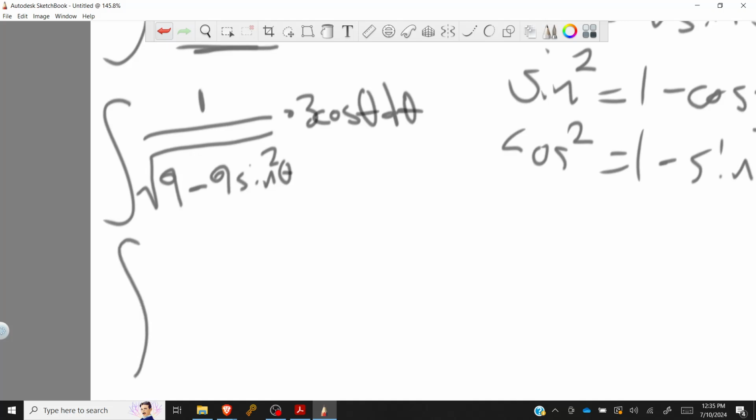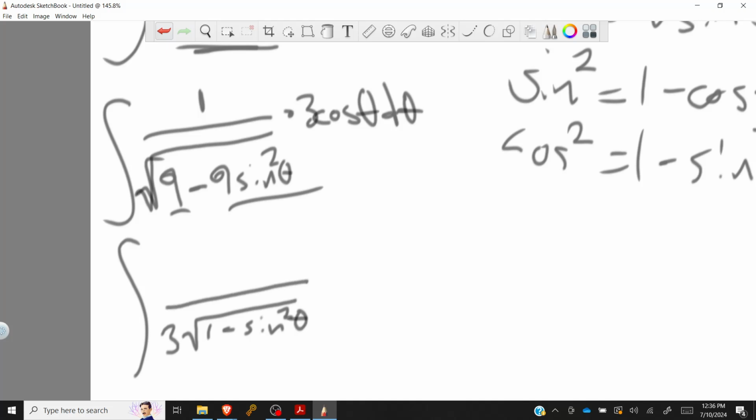I'm going to take out a 9 from both of these terms. A 9 under the square root is going to be a 3, so I'm going to be left with a 3 out here. And then I'm left with 1 minus sine squared. I'm just going to put this stuff on top. We're left with that. So these 3's are going to cancel out.